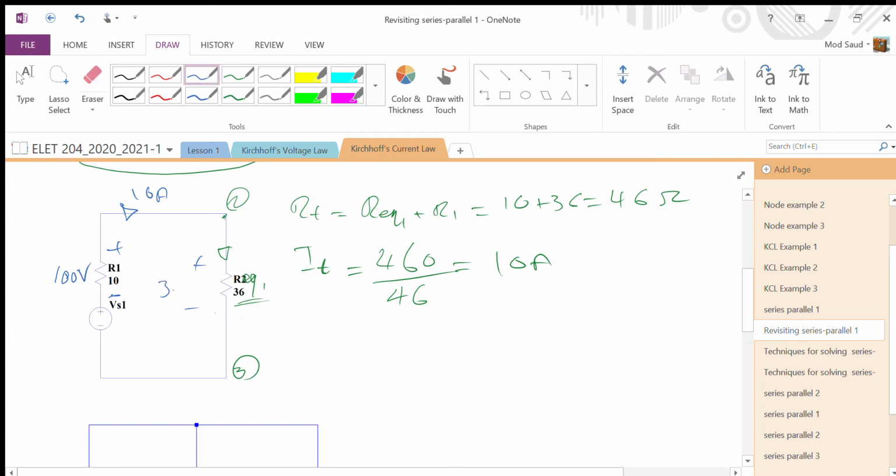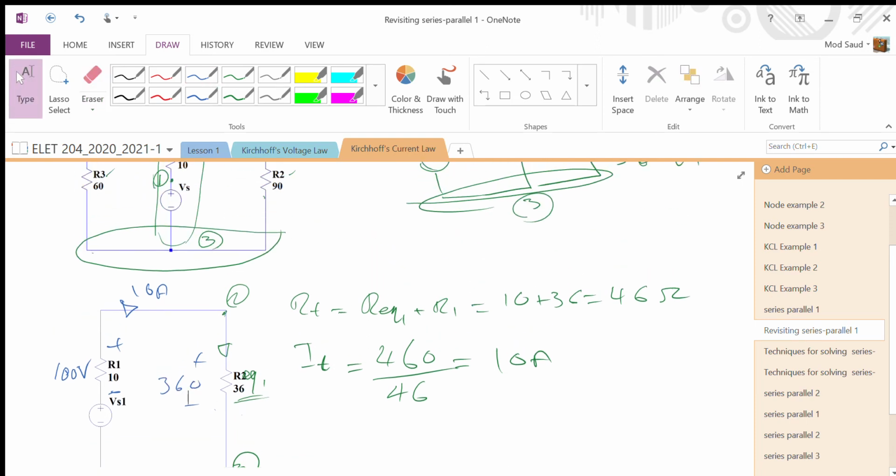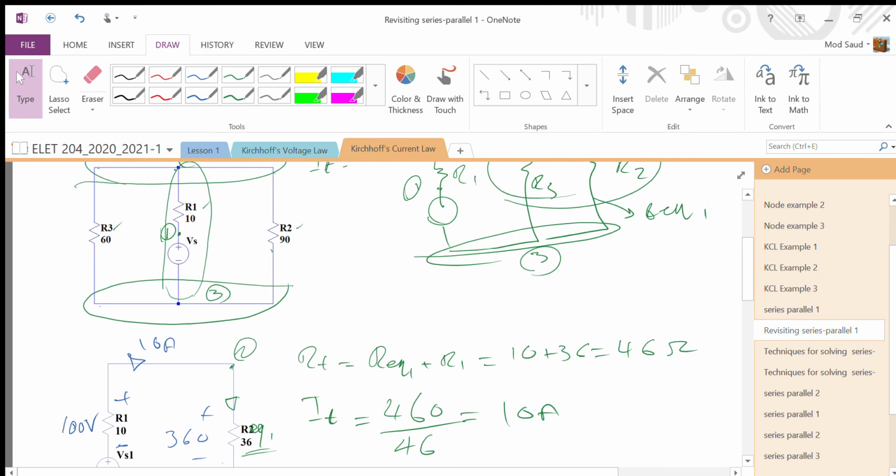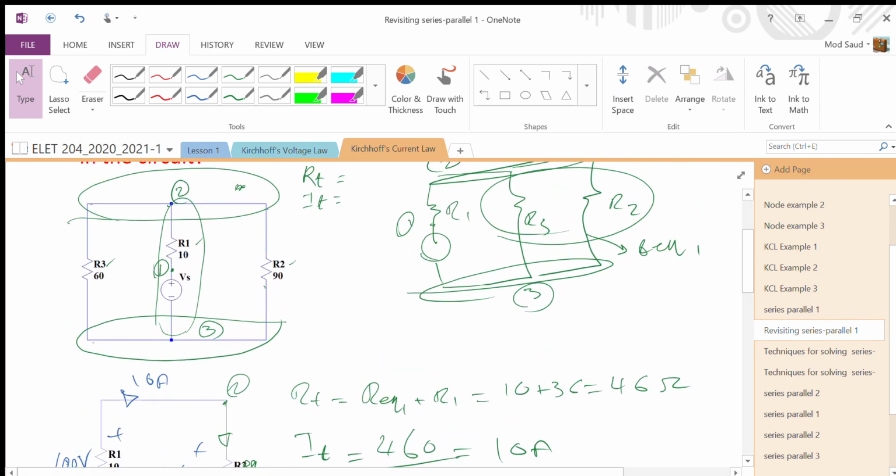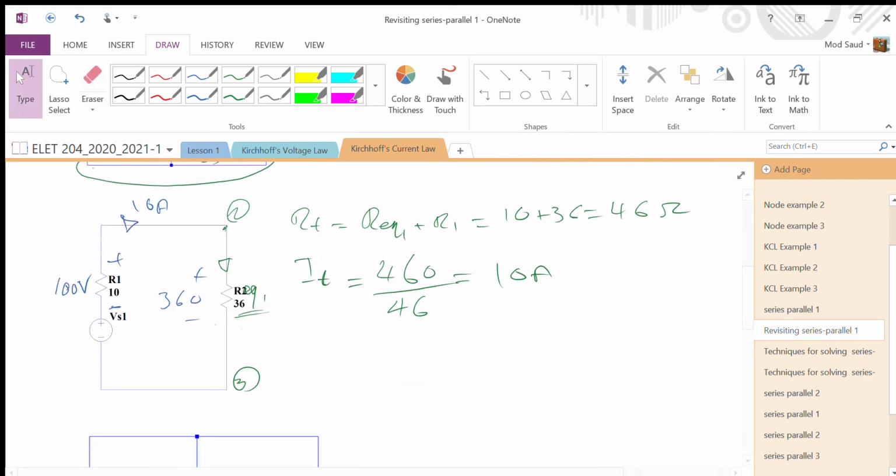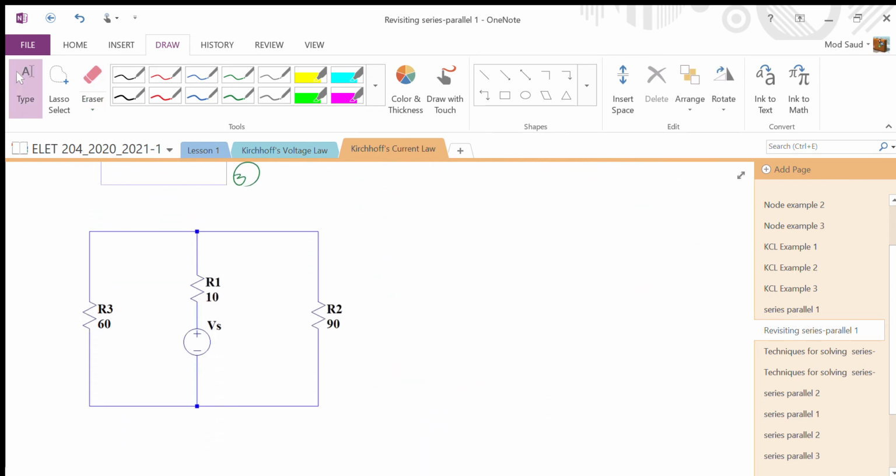I will go back to the original circuit. This is the original circuit. The voltage across R1 is positive, negative 100.